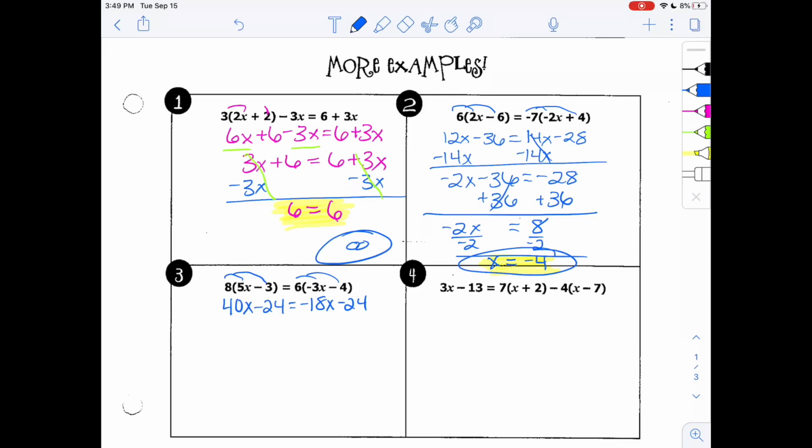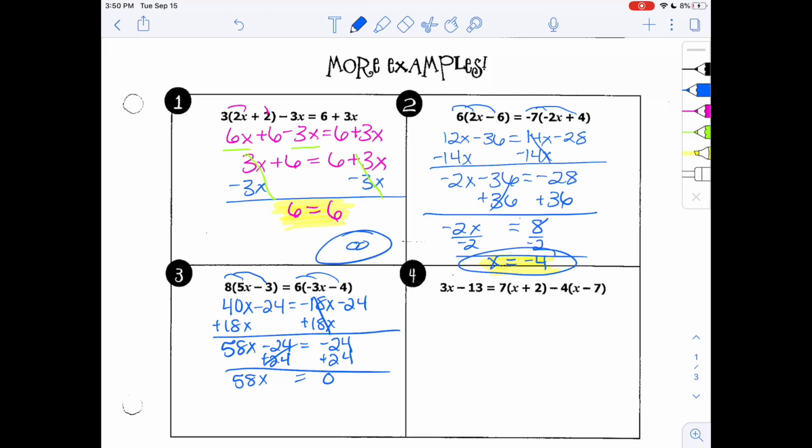We do not have any terms to combine, so we are going to next move our variable term from the right to the left by doing the opposite, adding 18x to both sides. 40x plus 18x is 58x minus 24 equals negative 24. We are going to add 24 to both sides to get 58x equals 0.